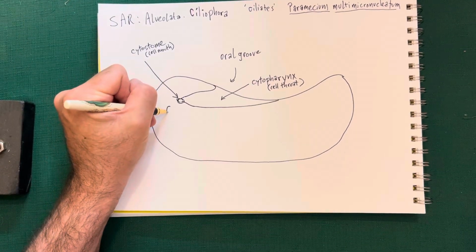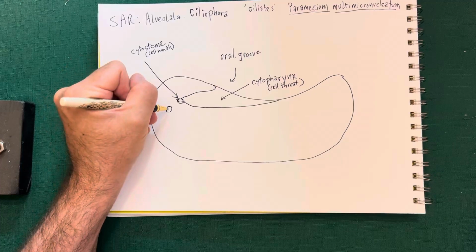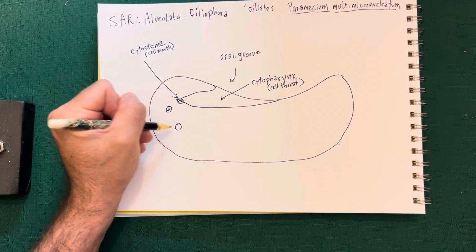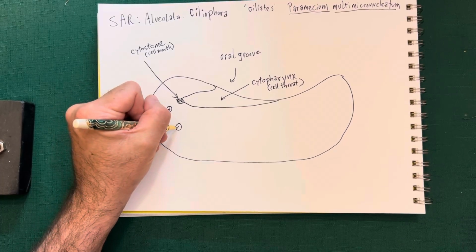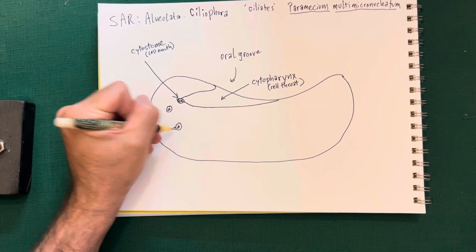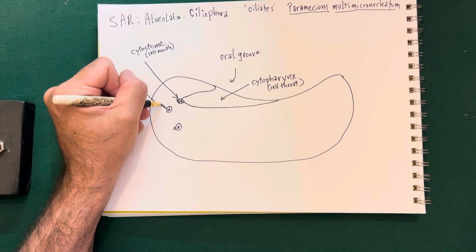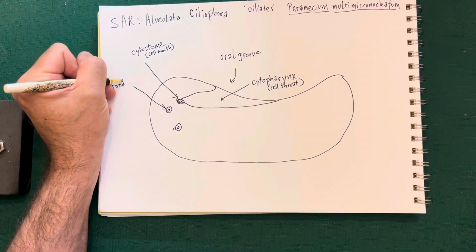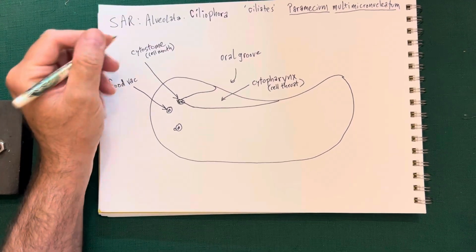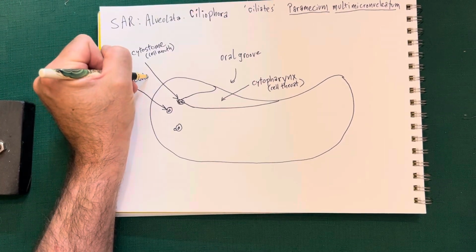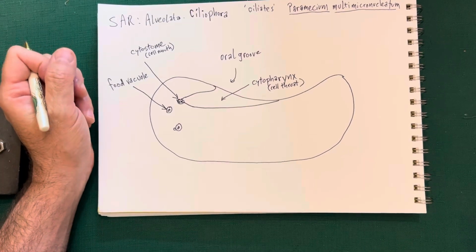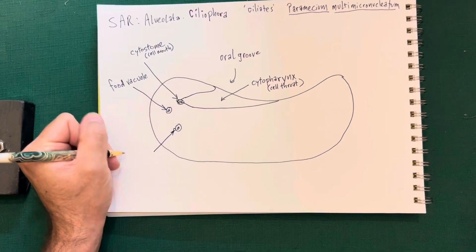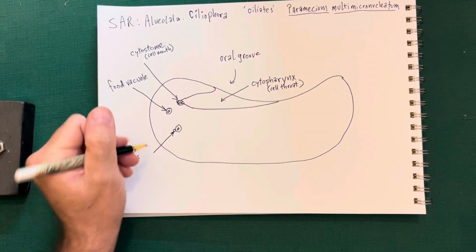Okay, and this is where our analogy to multicellular organisms like animals that eat food breaks down, because they don't have a digestive tract like a gut. But at the cytostome is where they form food vacuoles. The food vacuoles will fuse with lysosomes.